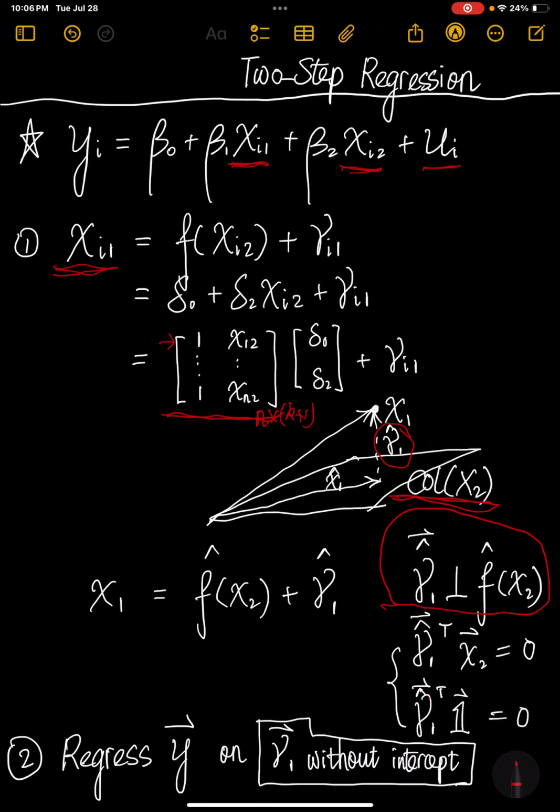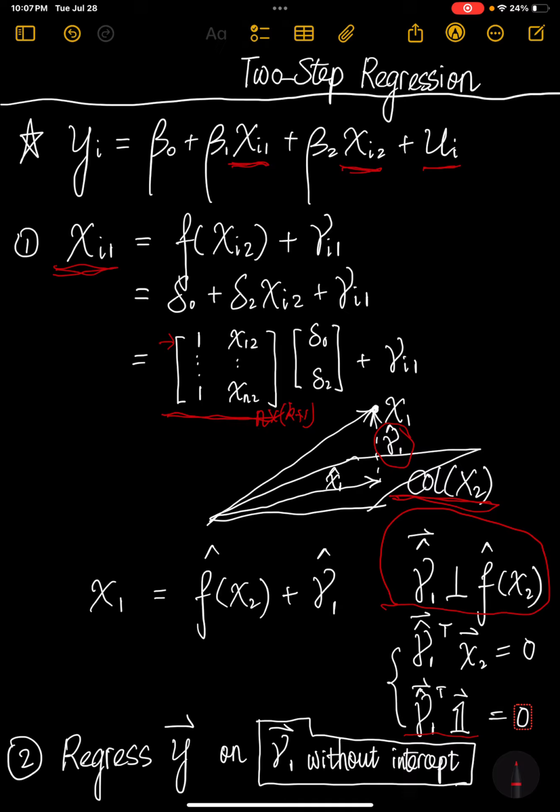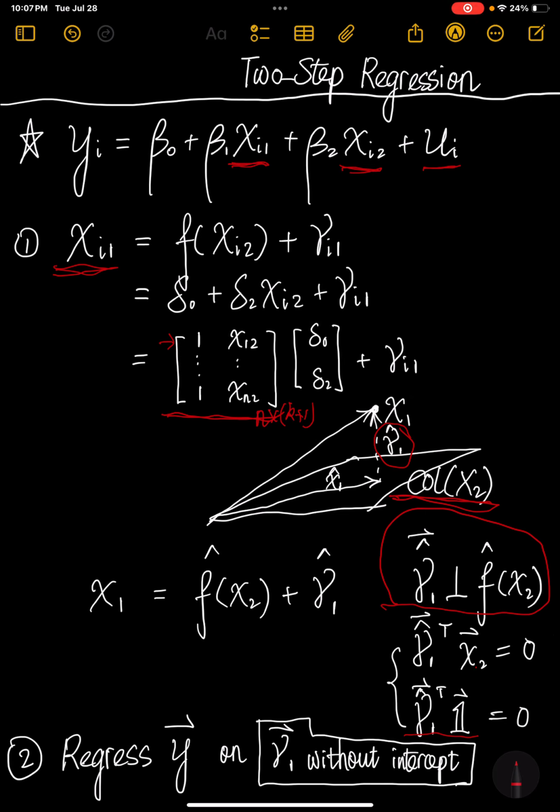So this residual vector is perpendicular to the constant vector of ones, and it is also perpendicular to the independent variable vector.